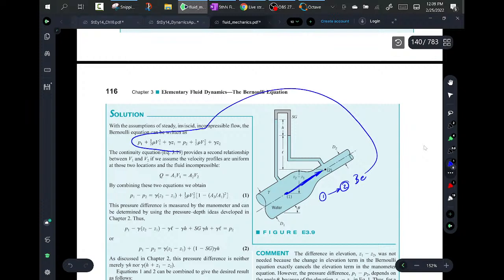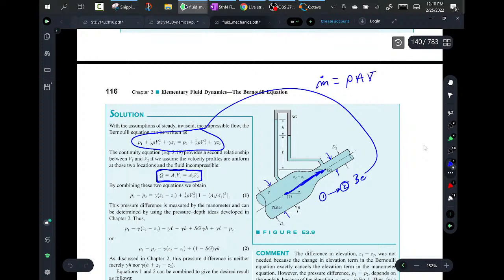He also recognized that at 2, the diameter is smaller than back at 1. So therefore he had to use continuity, which you saw a lot in thermo with rho A V. M dot is equal to rho A V.